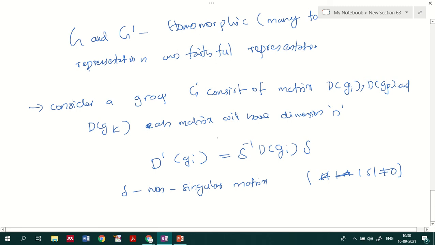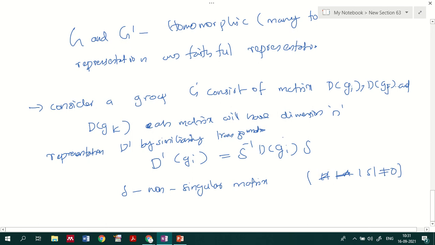Then if you want to find a representation d dash by similarity transformation, for that similarity transformation I have taken the inverse of the non-singular matrix, then I am operating on d of gi, and we are also taking that matrix on the other side.